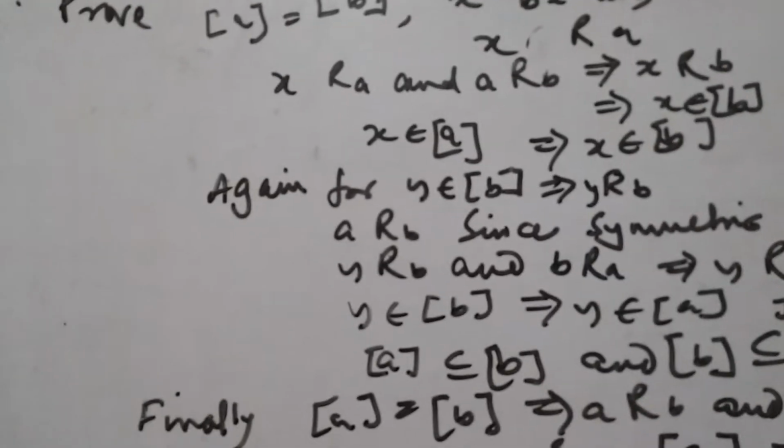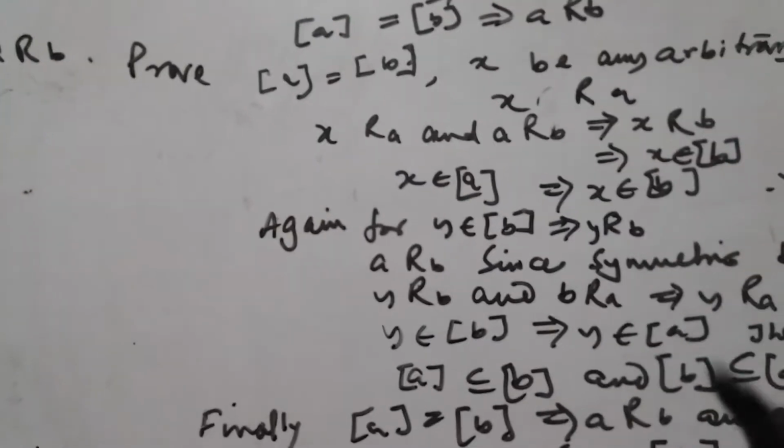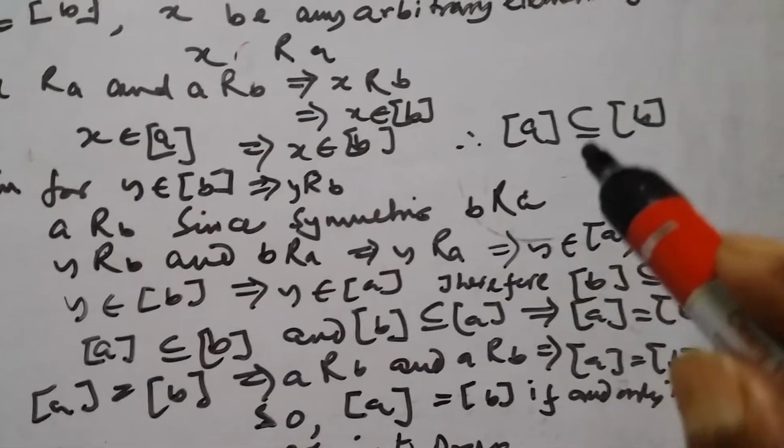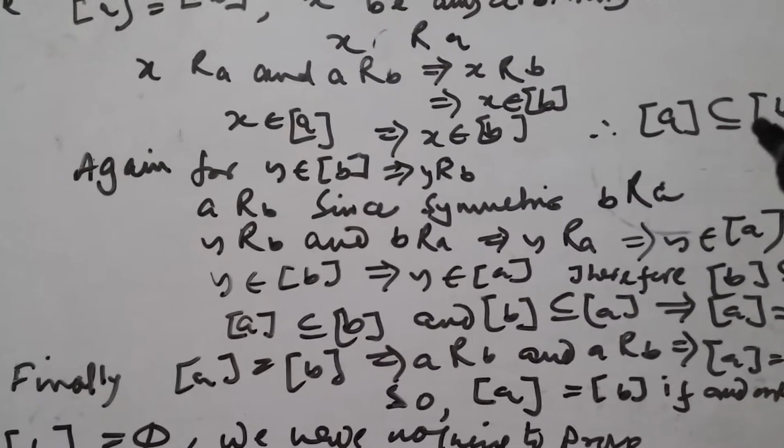So x belongs to [b]. So x belongs to [a] means x belongs to [b]. So [a] is a subset of [b].